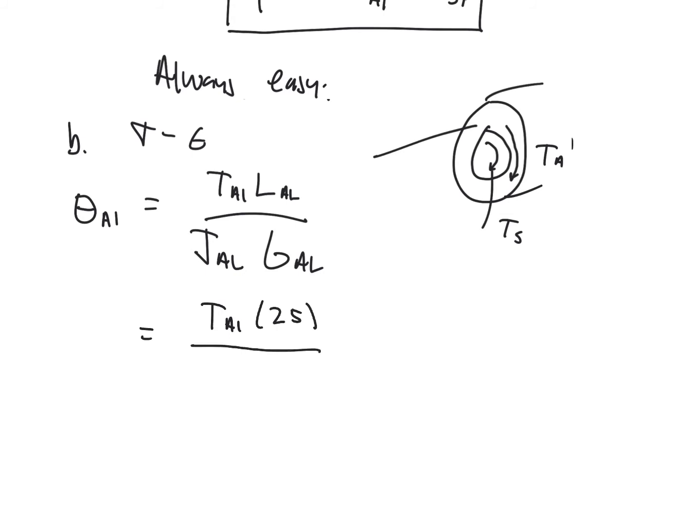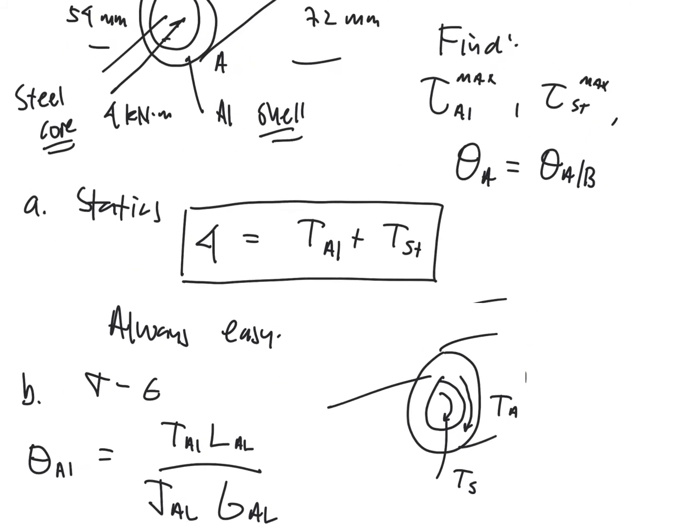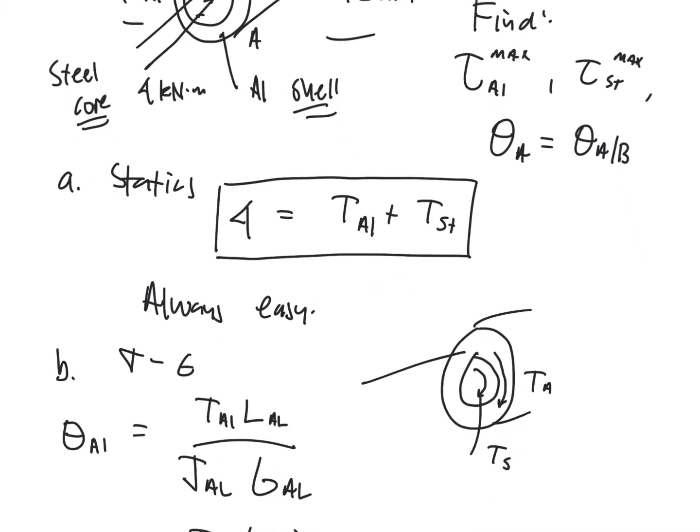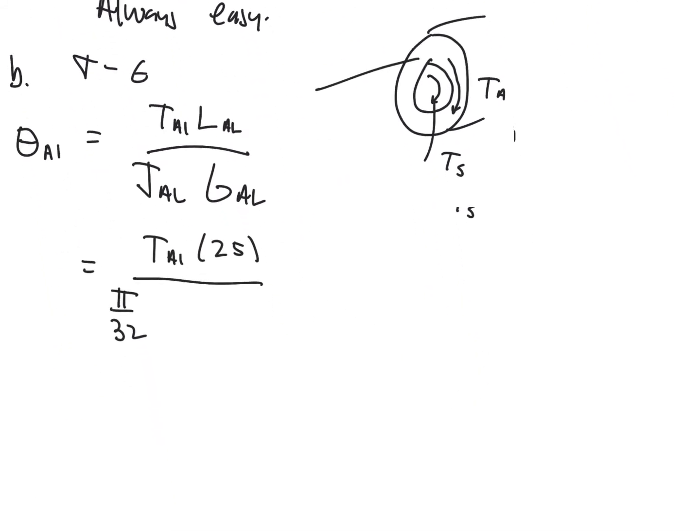The J that we have of the aluminum is going to be pi over 32. Now this is the hollow section. Remember, it's got an outer of 72 and an inner of 54, so we have to subtract out the steel.